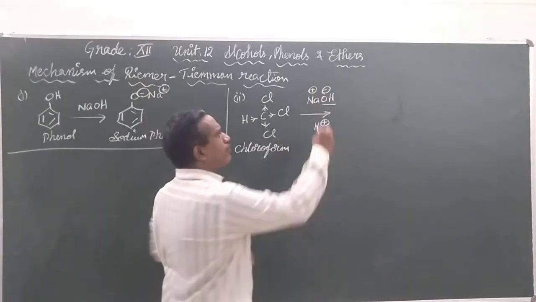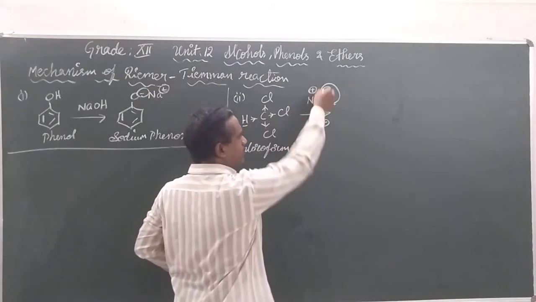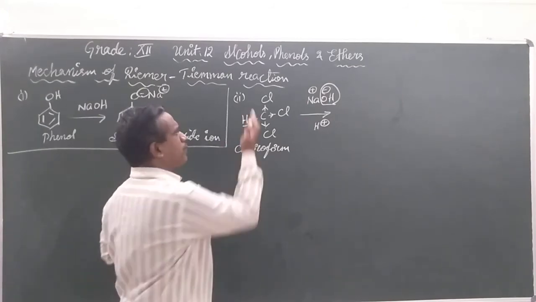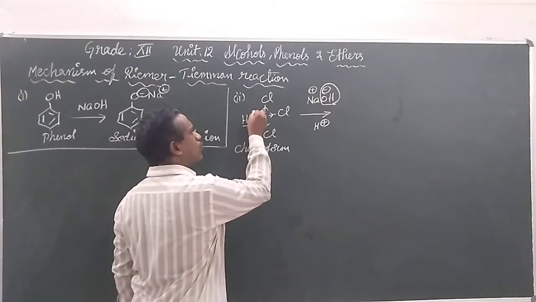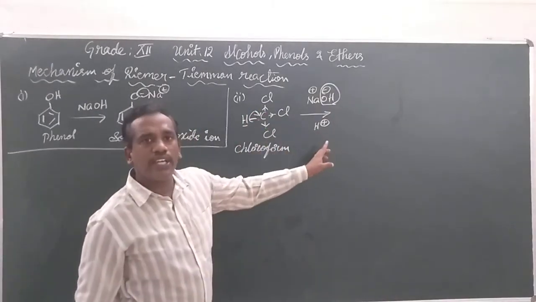Why am I indicating this as H plus? Please observe the bond. This bond will be withdrawn towards the carbon, meaning hydrogen is not having any electrons.